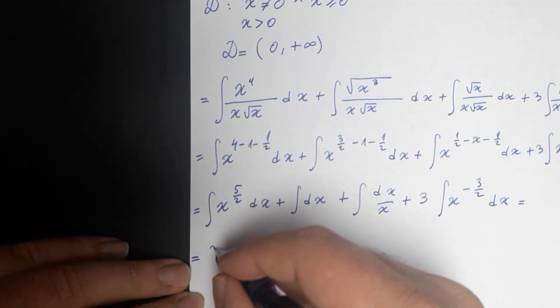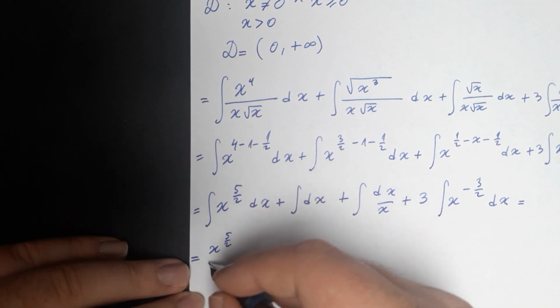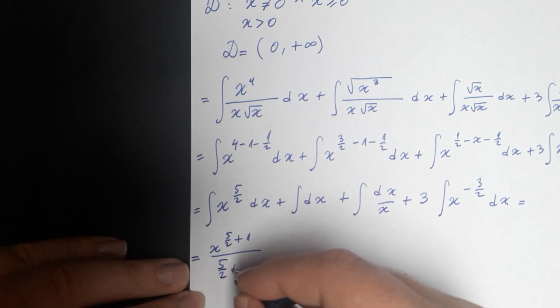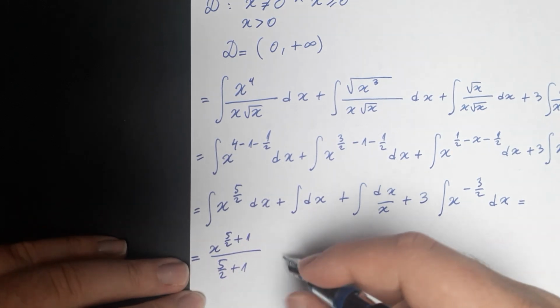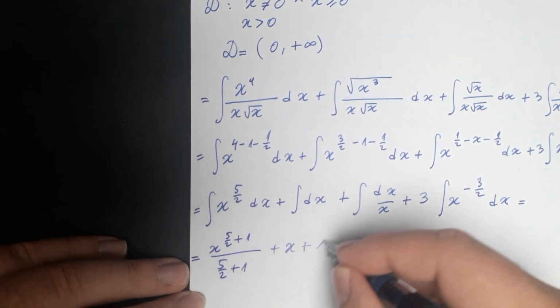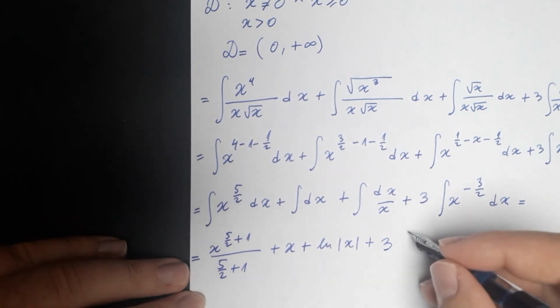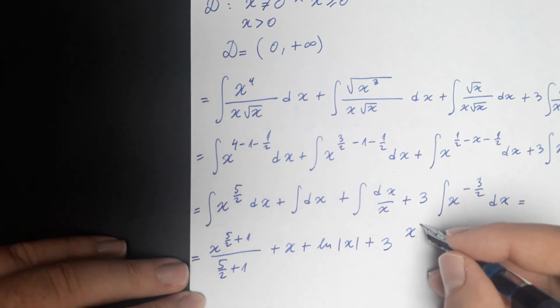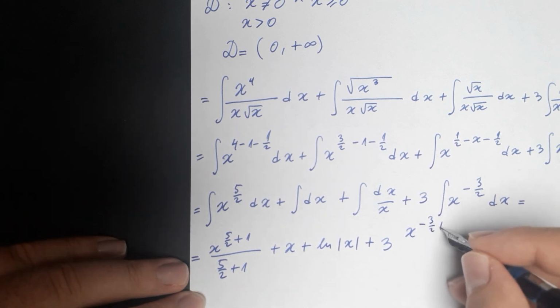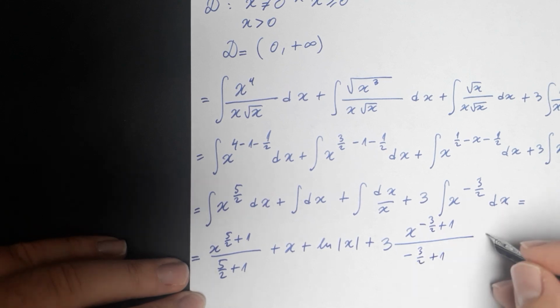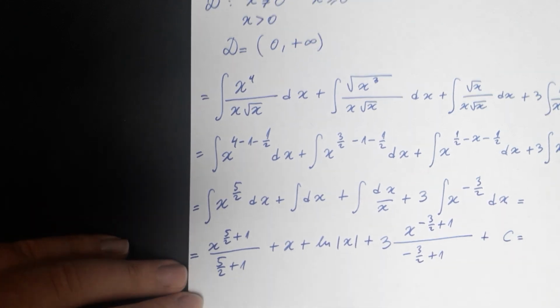This is then equal to x to the power of 5/2 plus 1, divided by 5/2 plus 1, plus x, plus ln of absolute value of x, plus 3 times x to the power minus 3/2 plus 1, divided by minus 3/2 plus 1, plus a constant c.